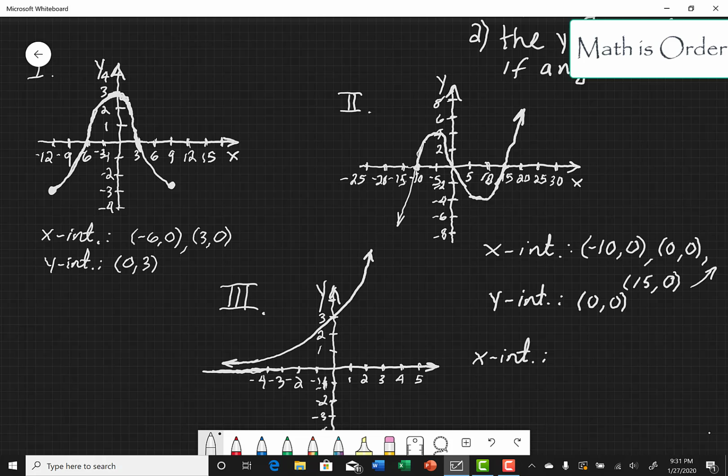Based on the look of it, it just approaches the x-axis, but does not cross it. So there's no x-intercept for number 3. And then what is the y-intercept for number 3? The y-intercept looks to be (0, 3).